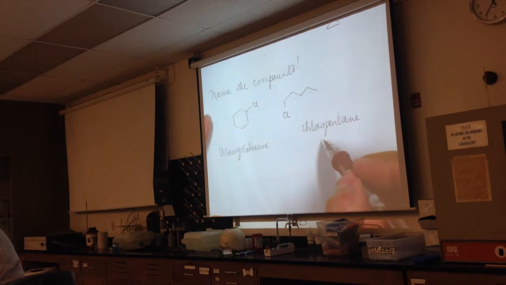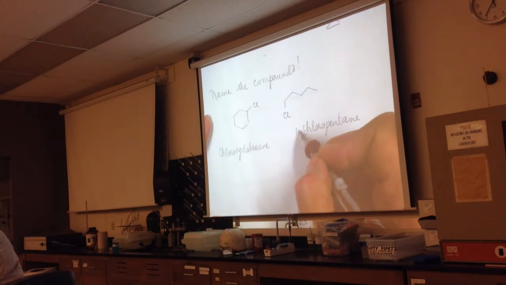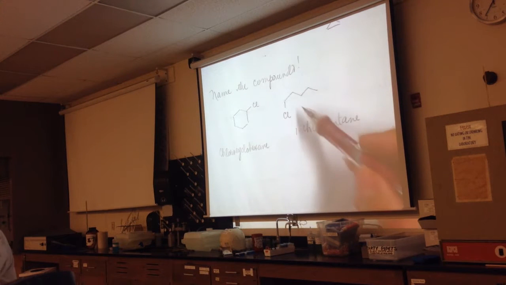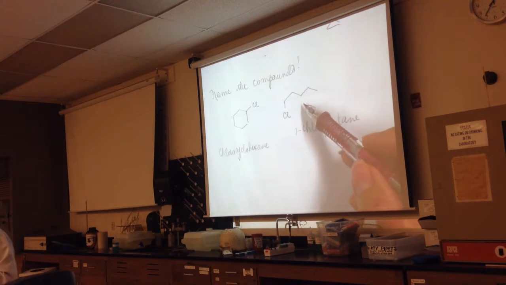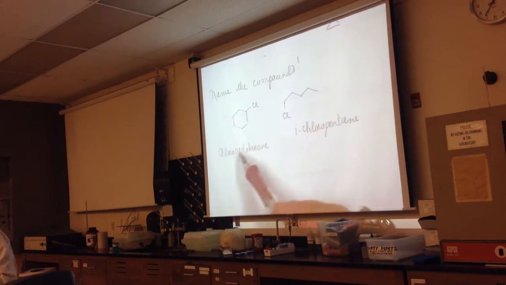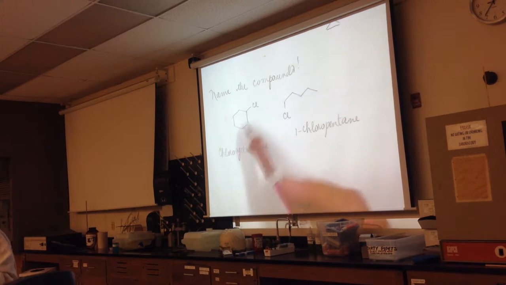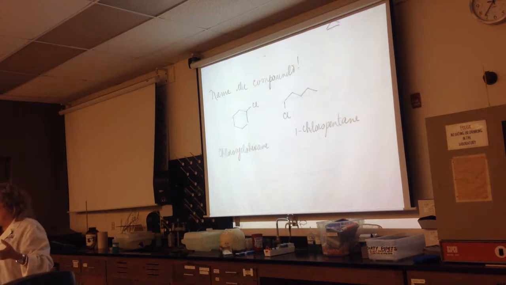This will be wrong. You have to call this a 1-chloropentane because your chloro could have been in 3 different places. The chloro could have been on carbon 1, or on carbon 2, or on carbon 3. Over here, the chloro, if it's on 1, is on 1. If it's on this one, is 1. If it's on this one, is 1. It doesn't matter what you do.